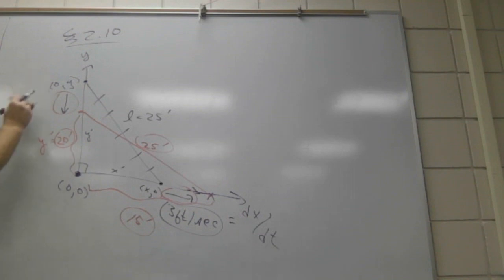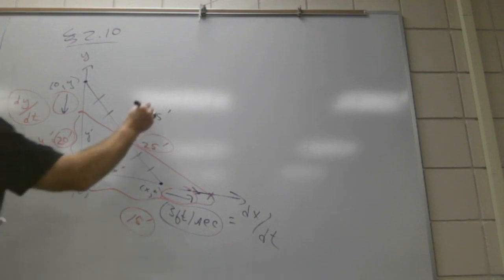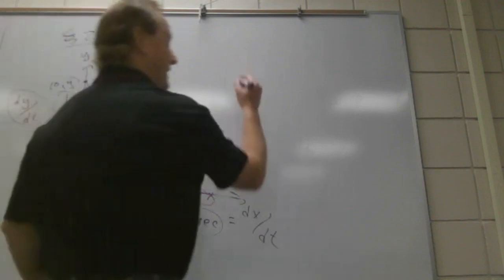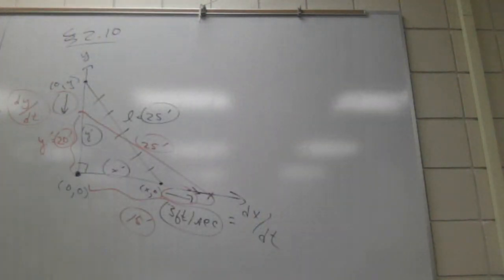So this is dy/dt. All right. So we're trying to find dy/dt at the moment in time when that's 20 feet down the wall. Now in general, what do we have? We have x, y, and z, or x, y, and L. And what do you know? In general, what equation do we have from Pythagoras?